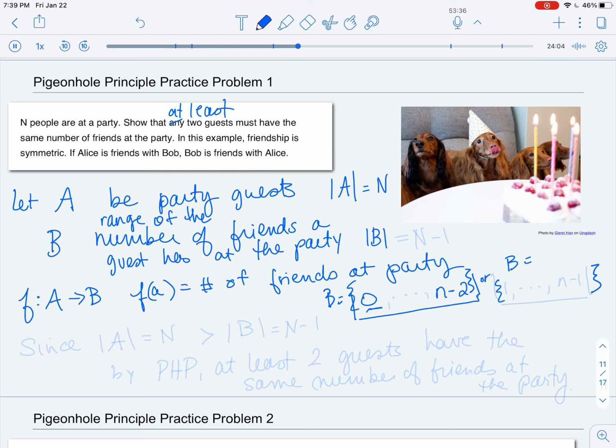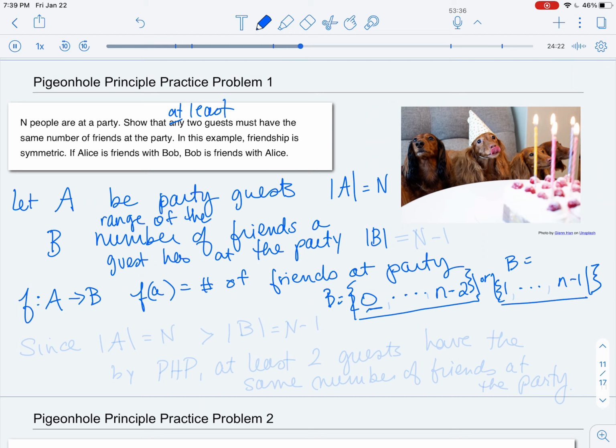Similarly, if somebody has n-1 friends, that means everybody else at the party has to have at least one friend, because they're friends with the person who is friends with everybody else. So what we can see from this is that we only have 2 possible ranges of values.